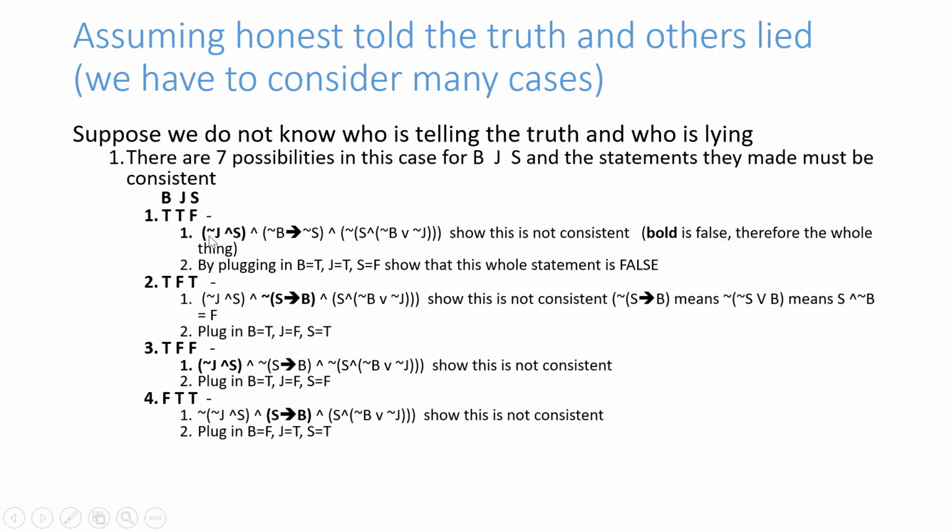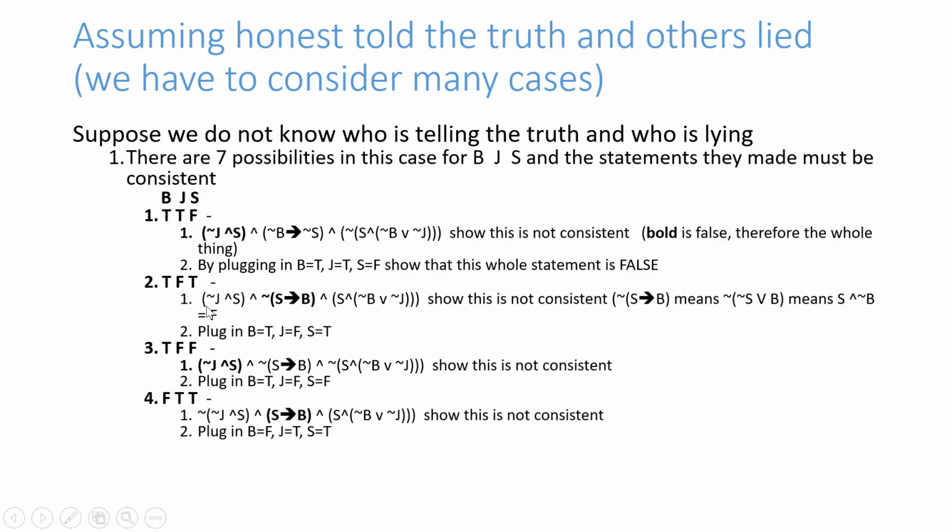Because J is guilty, not J is false, and therefore this whole thing is false. It doesn't matter what the other parts are, because we have an AND operation, so the whole thing is false. So it couldn't be this one.